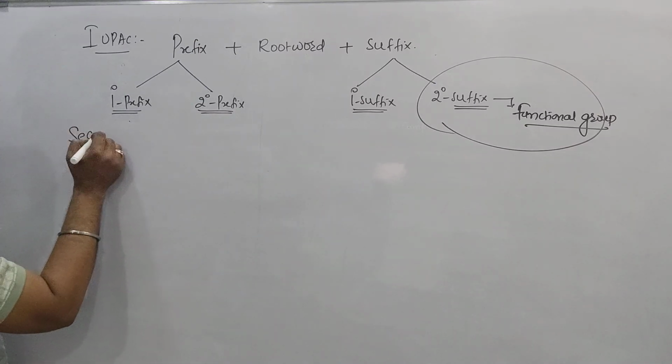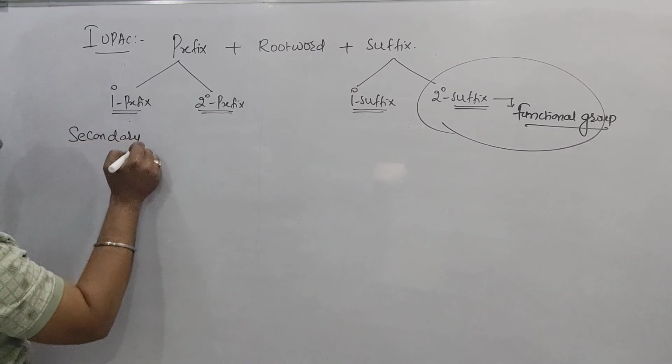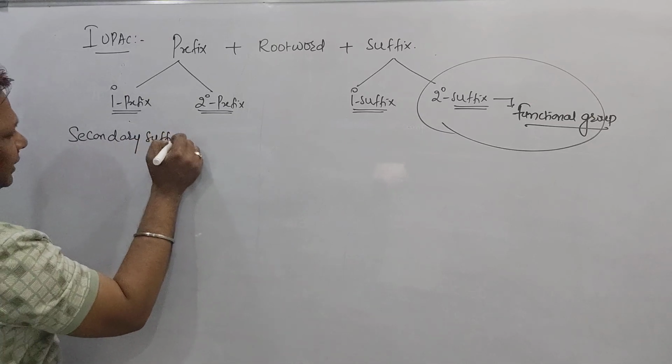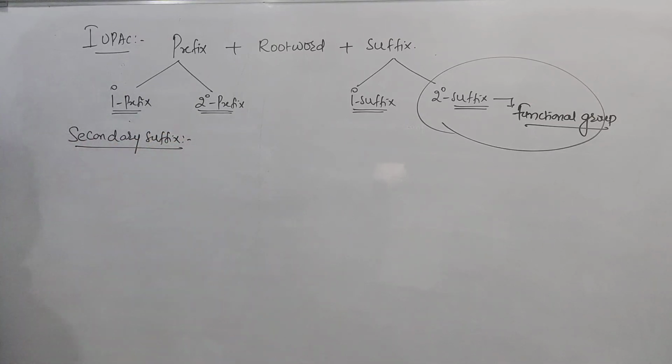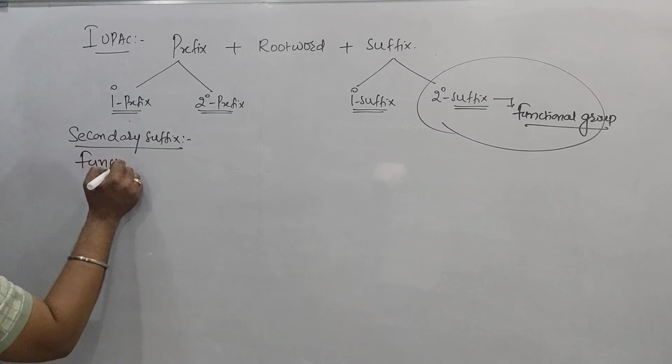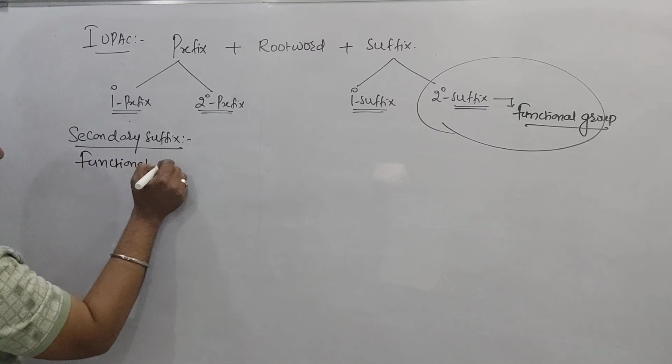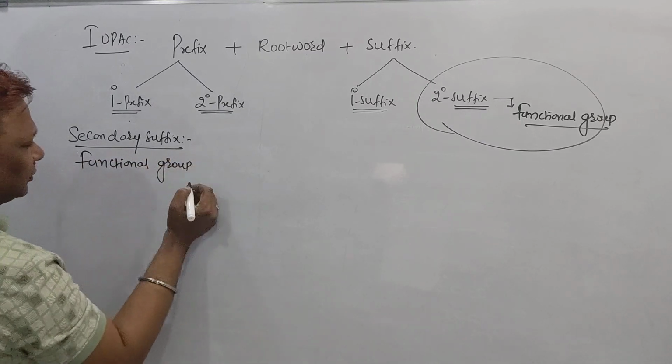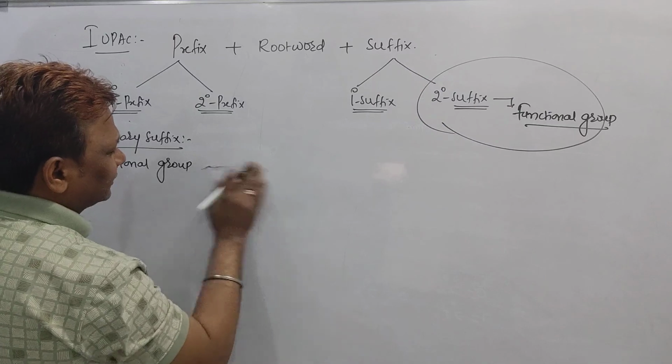See beta, I will write here: secondary suffix. If the compound contains any functional group, I will write the functional group here, and based on this functional group, I will write the secondary suffix on this side.